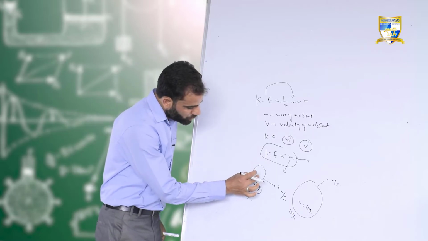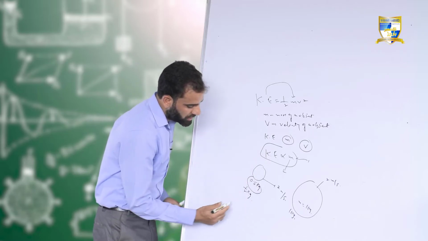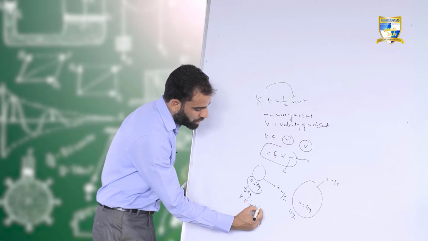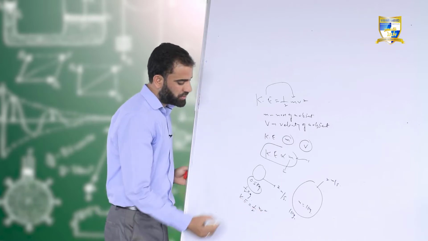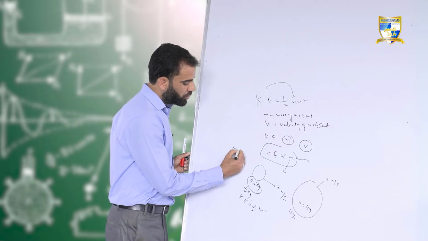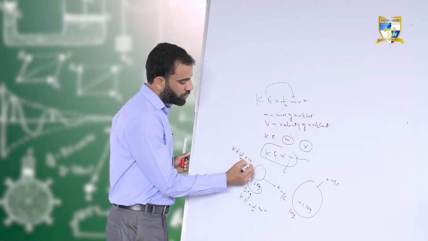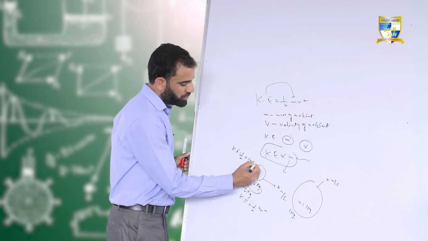So if you calculate kinetic energy here, kinetic energy equals 1/2 mv². That is, kinetic energy becomes 1/2, the mass is 0.5 kg, the velocity is 2 meters per second.